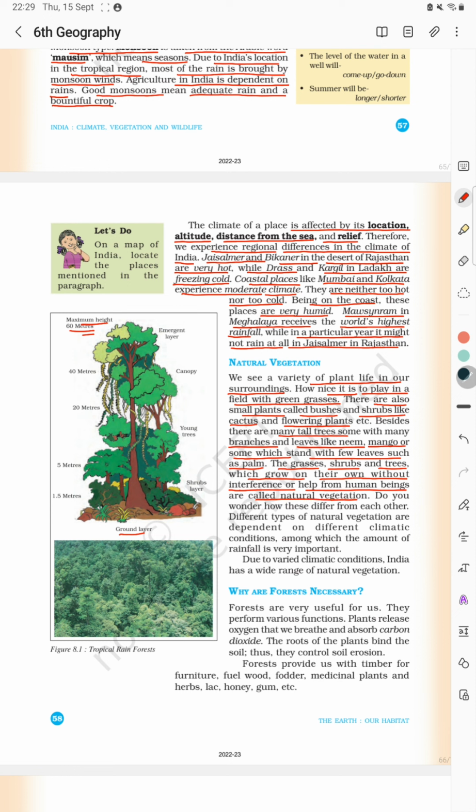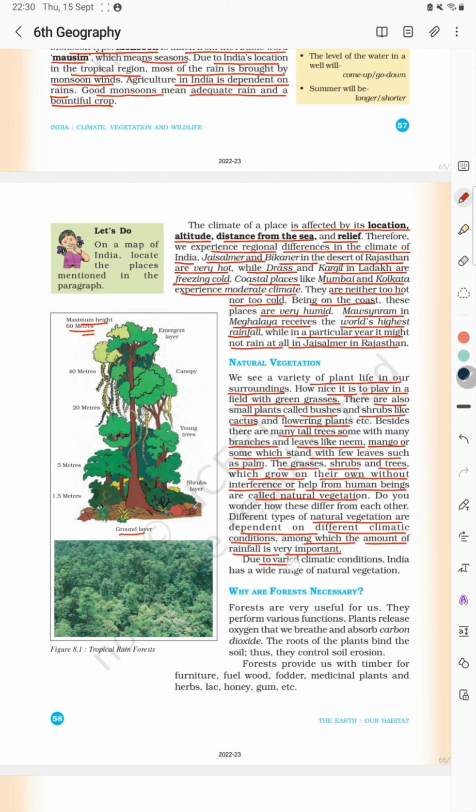So different types of natural vegetation depend on different climatic conditions, among which the amount of rainfall is very important. Ultimately, rainfall is a very important component.